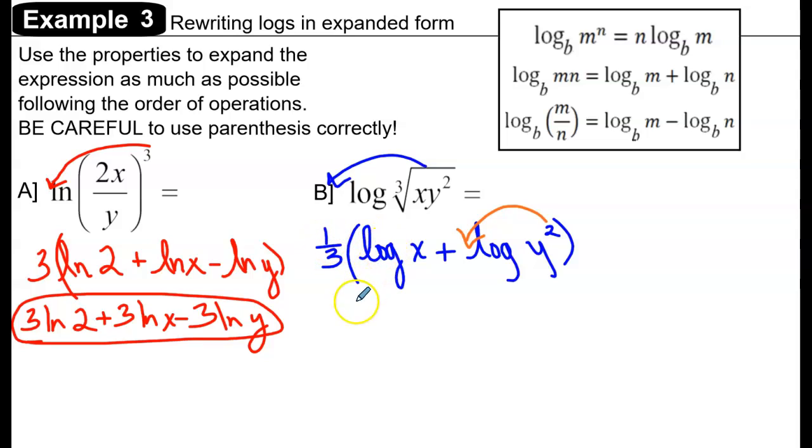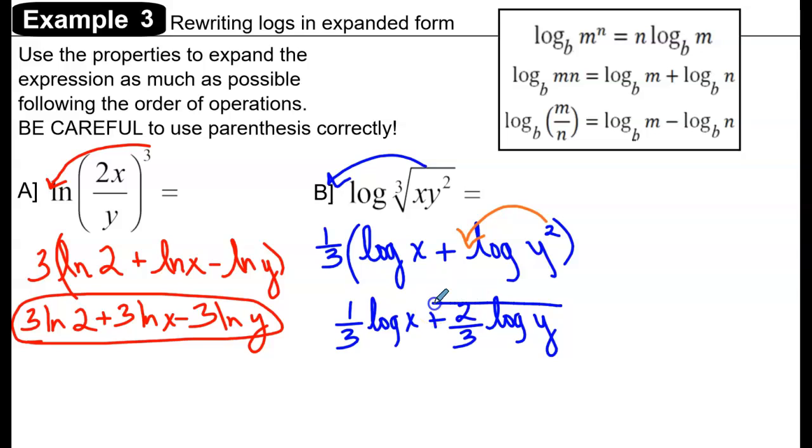Distributing, 1/3 log of x plus, and then this power of 2 comes forward with the power property, and 2 times 1/3 is 2/3 log of y. And that would be my completely expanded and simplified form for example B.